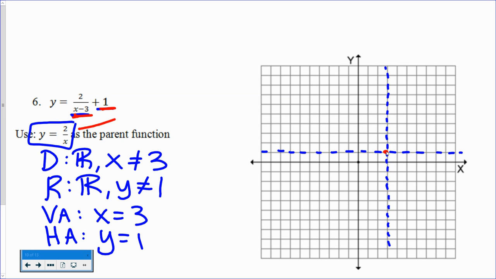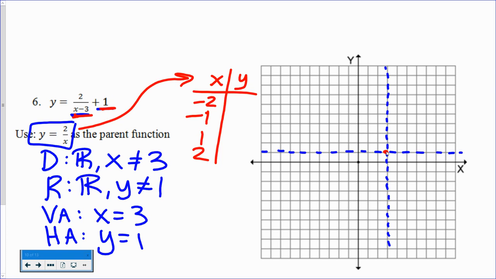So that y is 2 over x table: -1, 1, and 2. 0 would have been my asymptote. So 2 divided by -2 is -1, and 2 divided by 1 is 2. So I'm going -2, -1, -1, -2, 1, 2, 2, 1, and I'm making my branches.